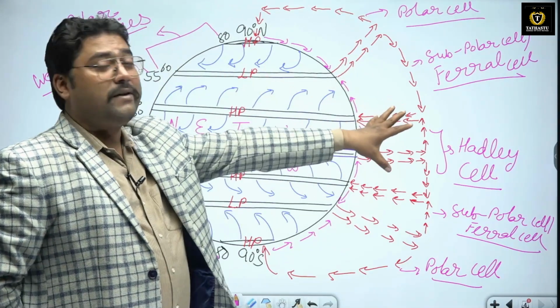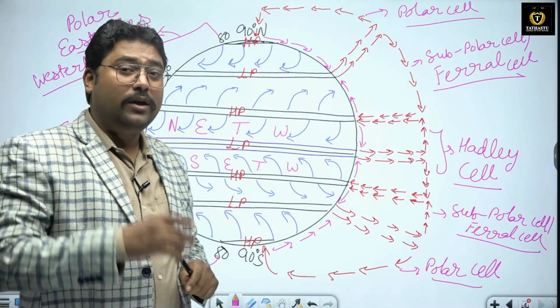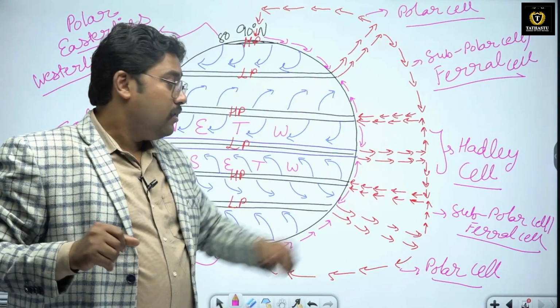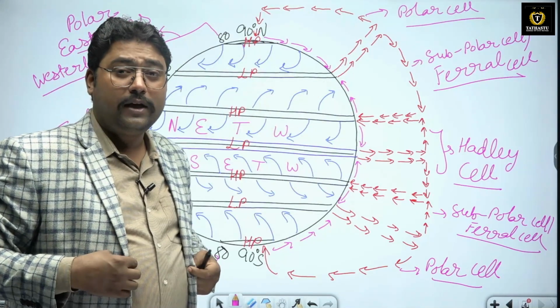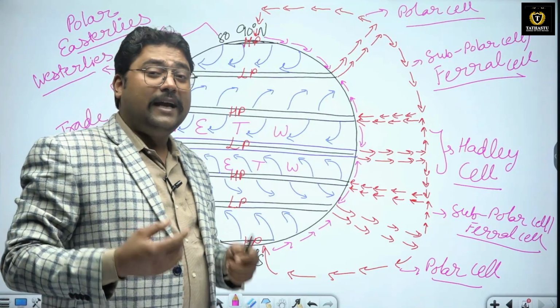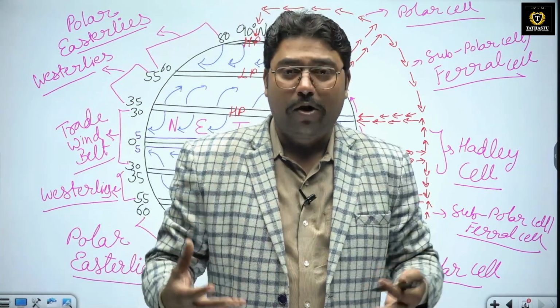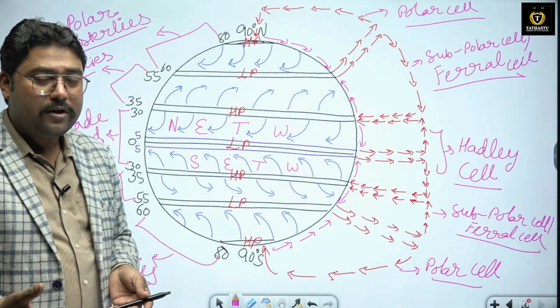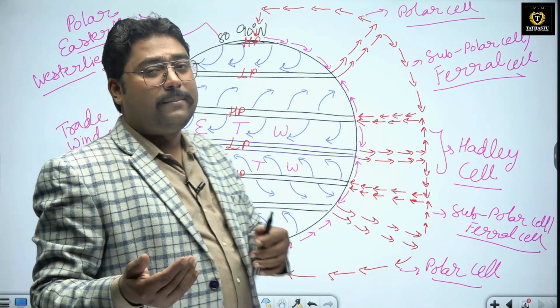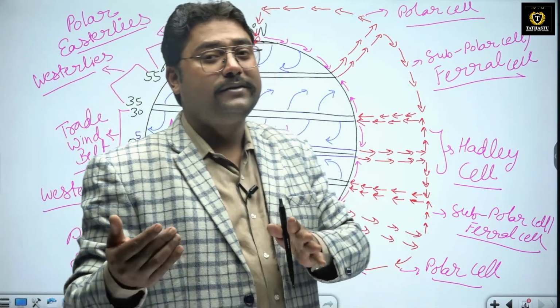First, it was given by Hadley, a one-cell model, means directly to pole and pole to, you can say, equator. Then after, the two-cell model came. Then after, the three-cell model came. So it is a phase-wise development over centuries.